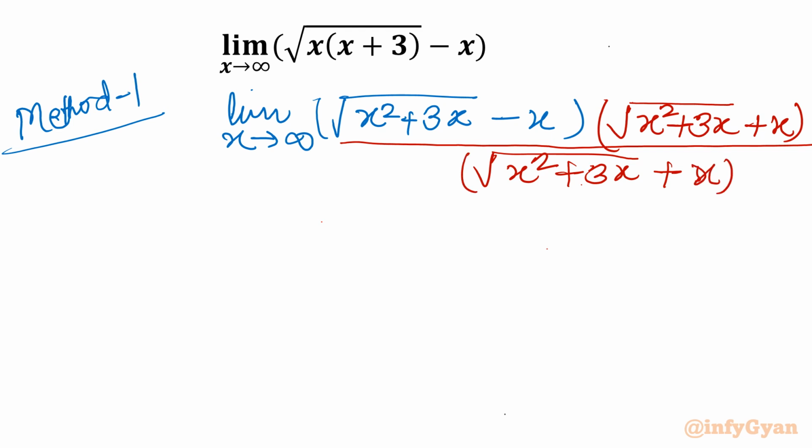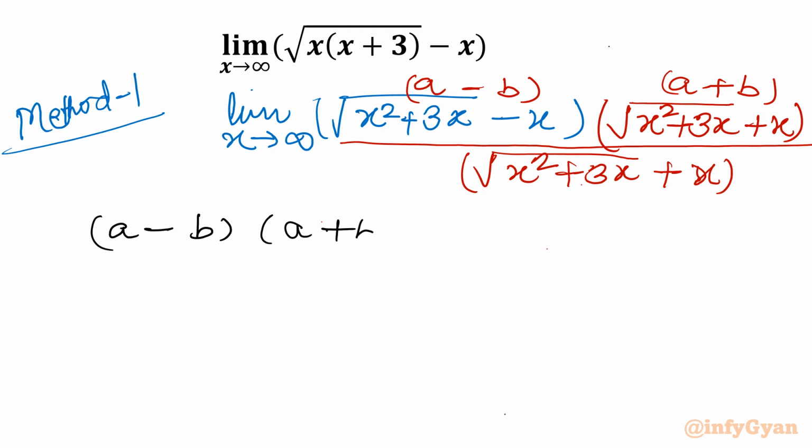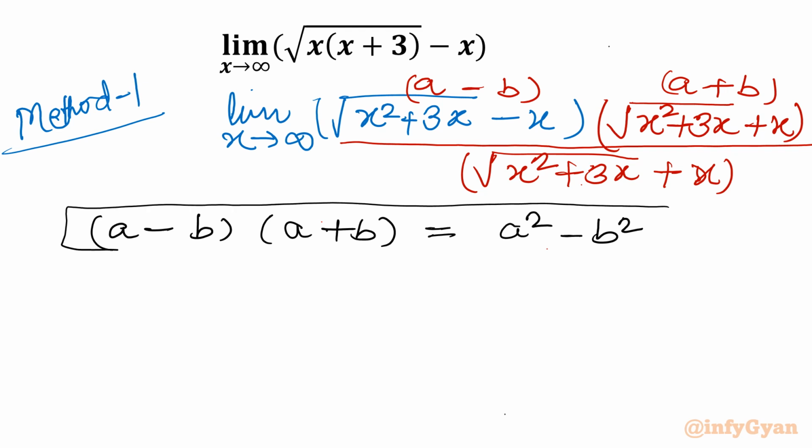Now you can see it is a minus b. This is a plus b. So the difference of two squares formula will come. So I can write here a minus b times a plus b can be written as a square minus b square. One algebraic difference of two squares identity.